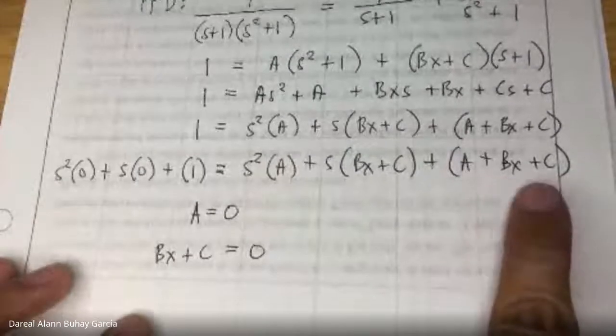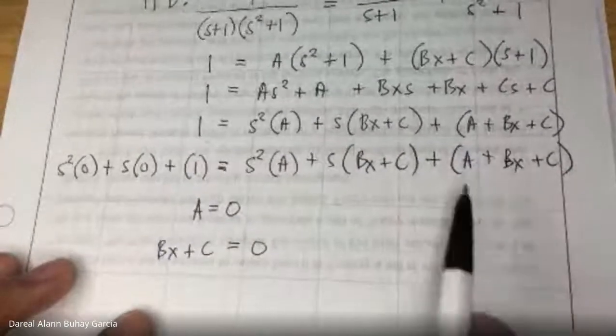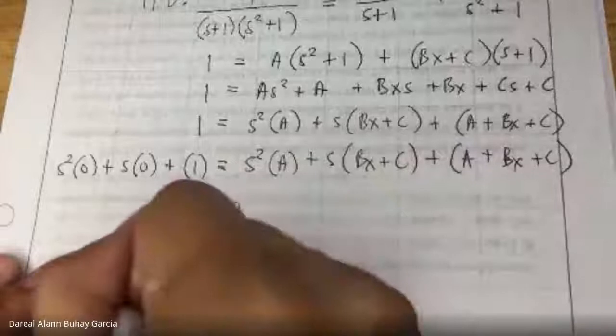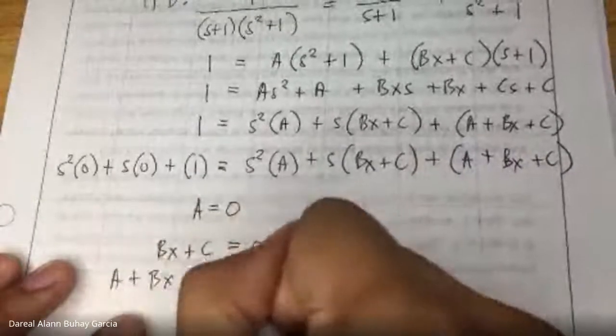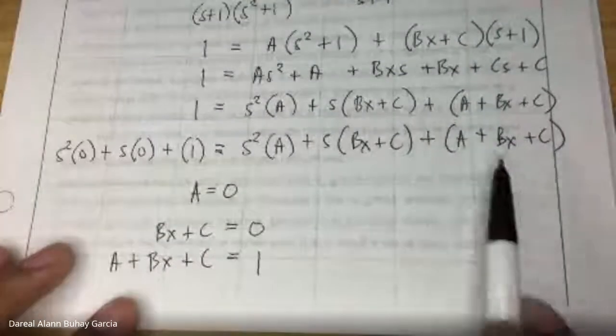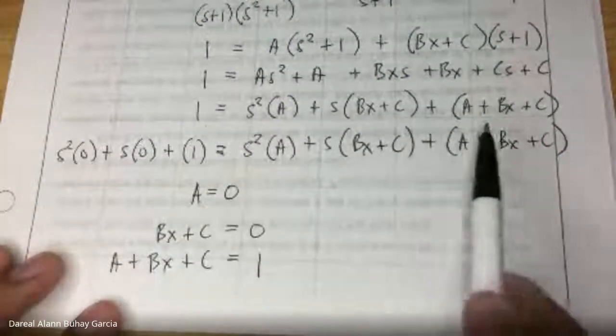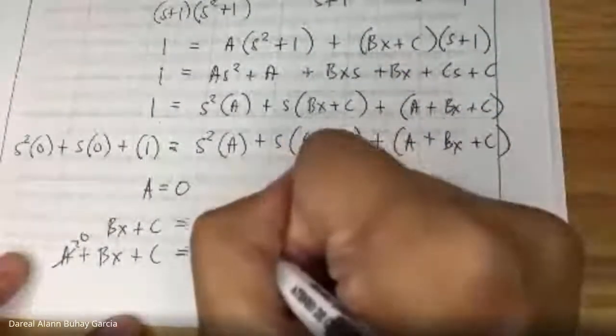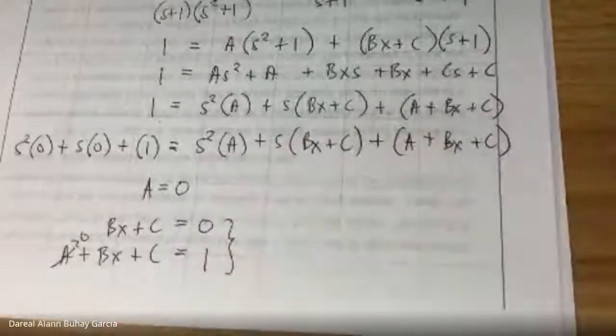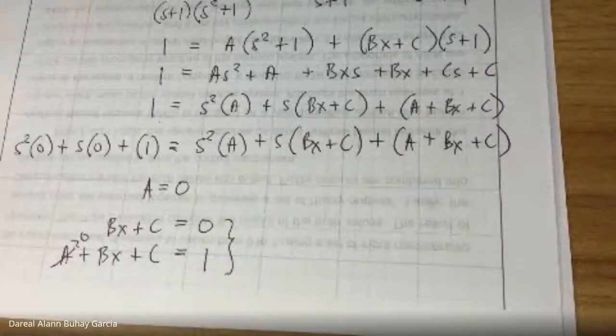And bx plus c is equal to 1, because a is 0. So we can just solve them simultaneously: bx plus c equal to 0 and bx plus c equal to 1.